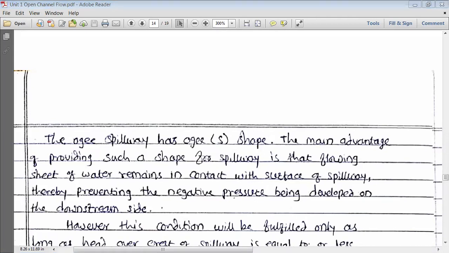And this sentence is important. The main advantage of providing such shape for spillway is that the flowing sheet of water remains in contact with the surface of spillway, thereby preventing the negative pressure being developed on the downstream side.